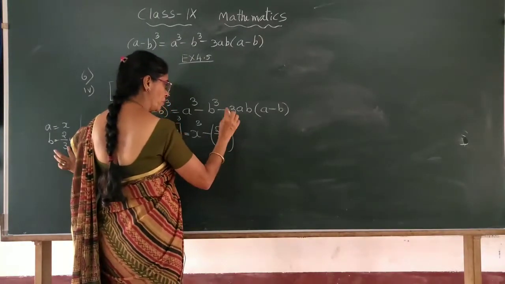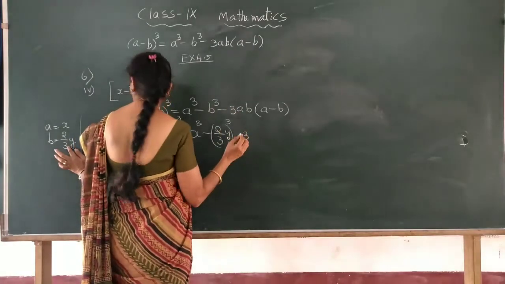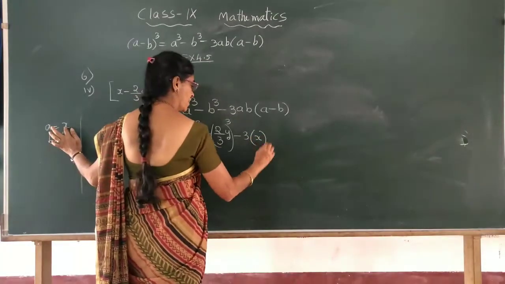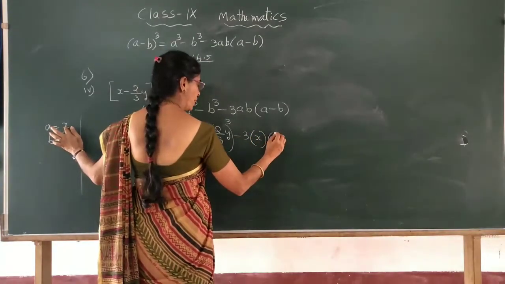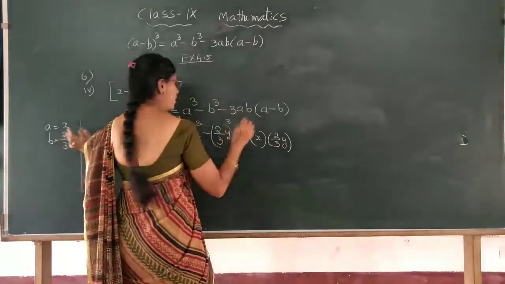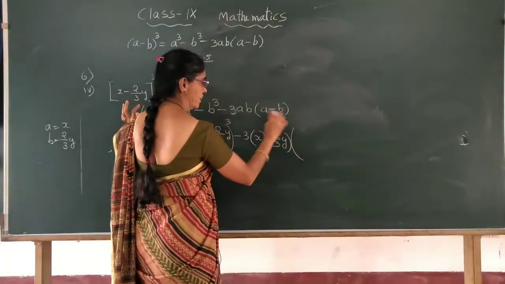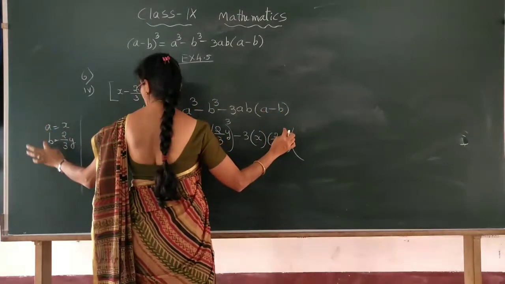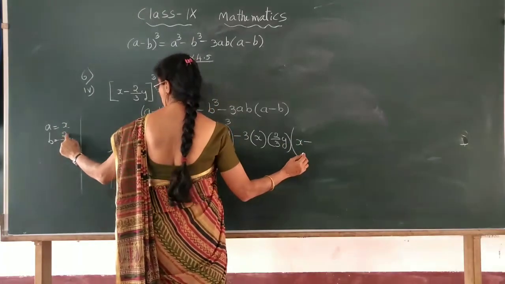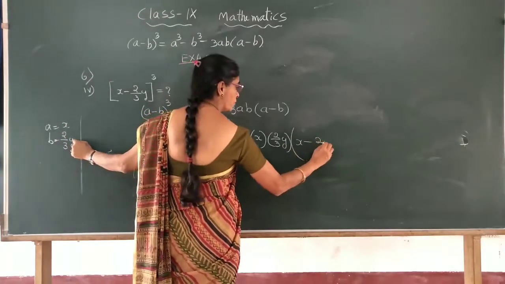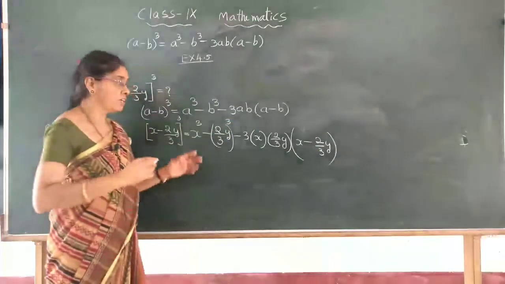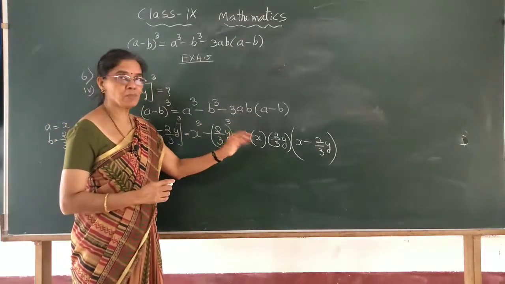So it is cubed, minus 3 into a, where a is x, into b, where b is 2 by 3 y, into the bracket (a minus b). A minus b in your problem is x minus 2 by 3 y.